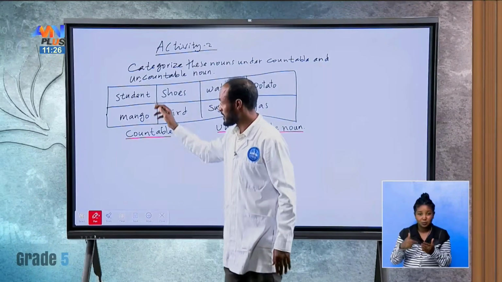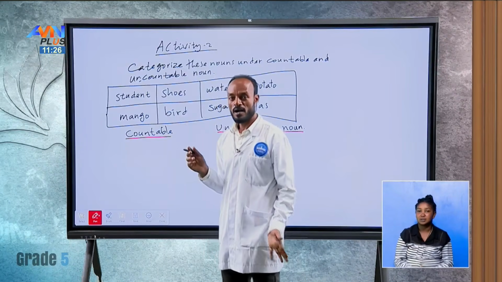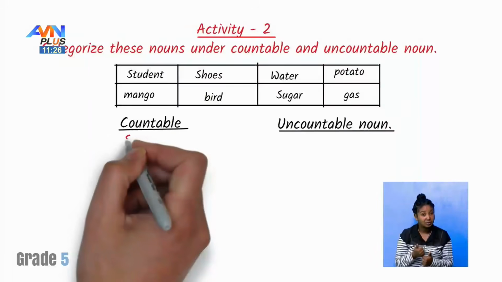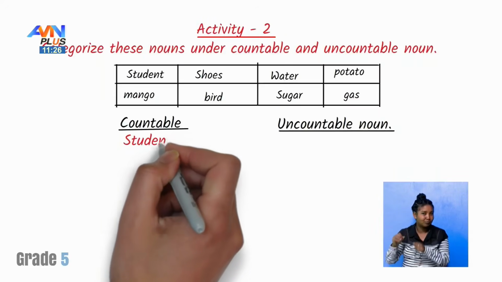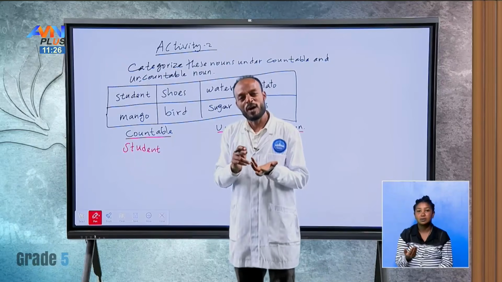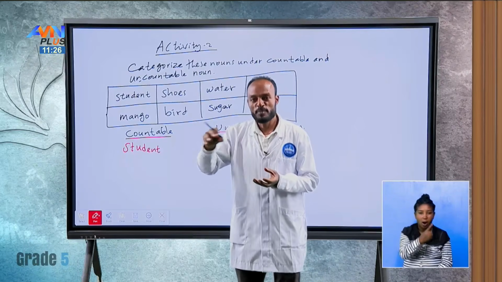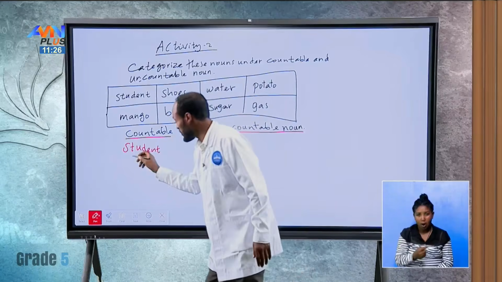So from this one, which one is countable? A student is countable. What about mango? Can we say one mango, two mango, three mango? That's possible, yeah? Right. It should be here, mango.